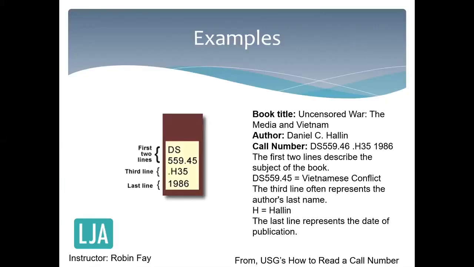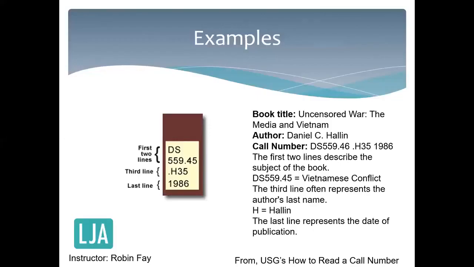Even just look at things on your shelf, or when you happen to walk by other libraries, look at what's on the shelf, and if it's a Library of Congress call number, take a look at it and maybe jot that down or snap a picture of it with your phone, and just sit down when you have a minute and deconstruct it. Go back through the Library of Congress classification schedules and see what that base call number is, and then take a look at that cutter and see where it fits in the cutter table.